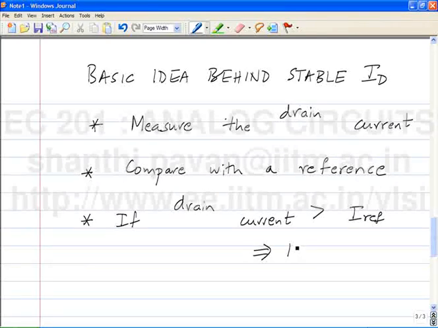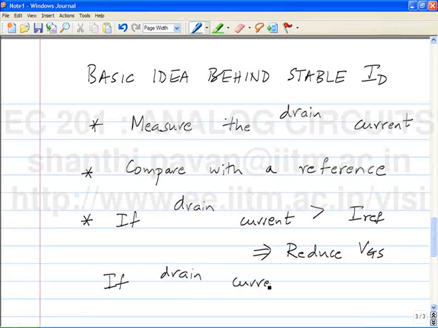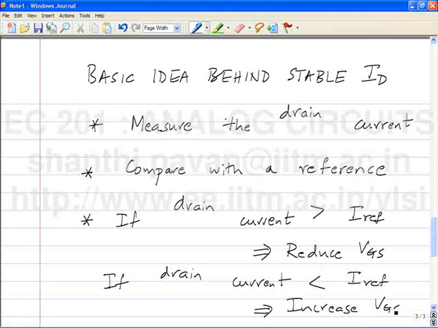If drain current is greater than Iref, decrease or reduce VGS. Okay. If drain current is less than Iref, I must increase VGS. This is what we saw yesterday. This is common sense. Okay.